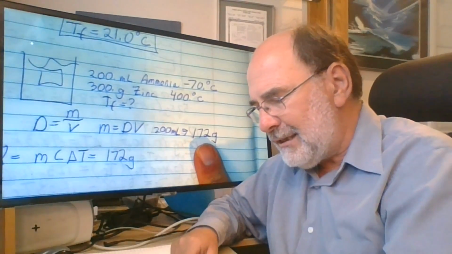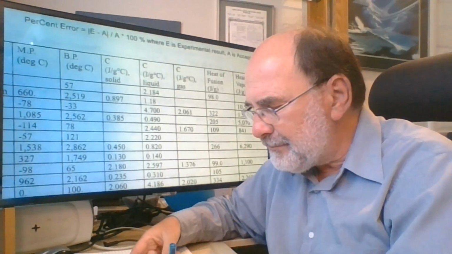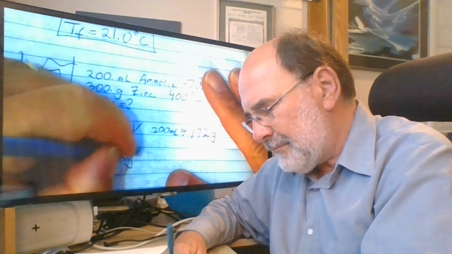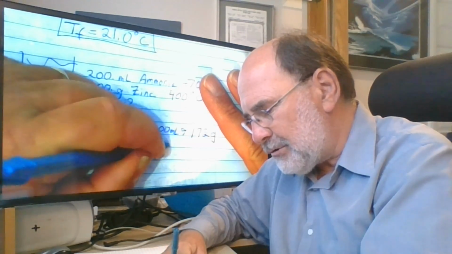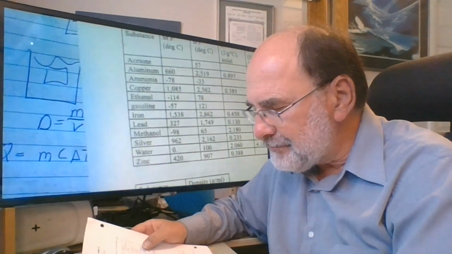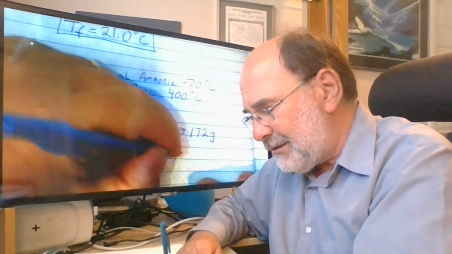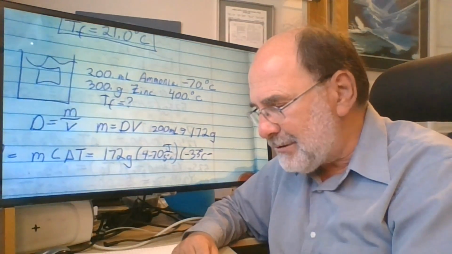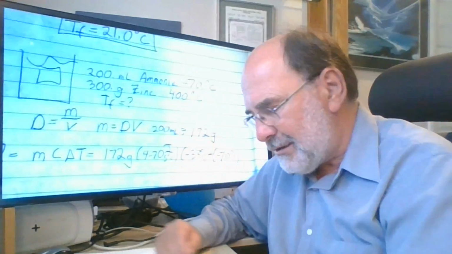And the specific heat of liquid ammonia is listed as 4.70 joules per gram per degree Celsius. And if it goes all the way to its boiling point, which is negative 33 degrees, then in parentheses here, I would say that's my final temperature, minus 33 degrees C, minus my initial temperature, which is negative 70 degrees C.